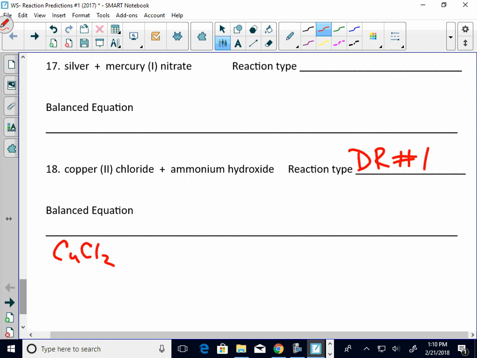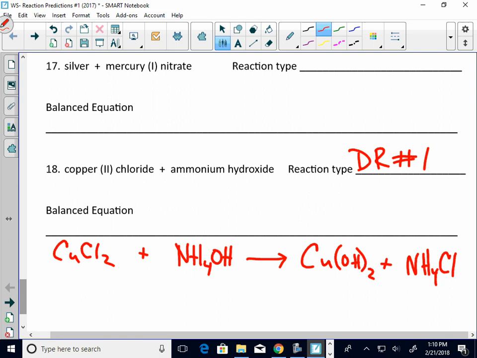So I have copper 2 chloride, and I have ammonium hydroxide, NH4OH. What I'm going to do is flop. So I have copper 2 hydroxide. Make sure you don't switch the coppers. And I'm going to have ammonium chloride.